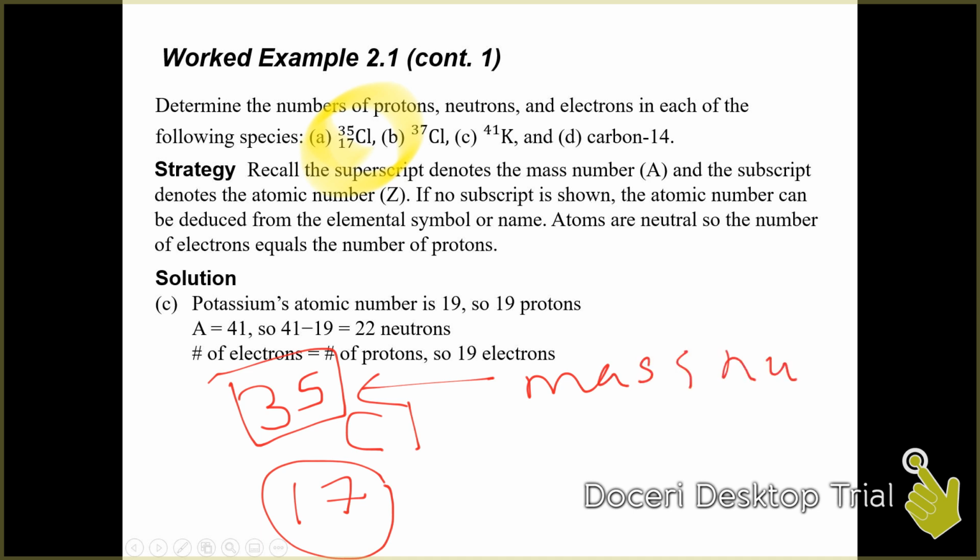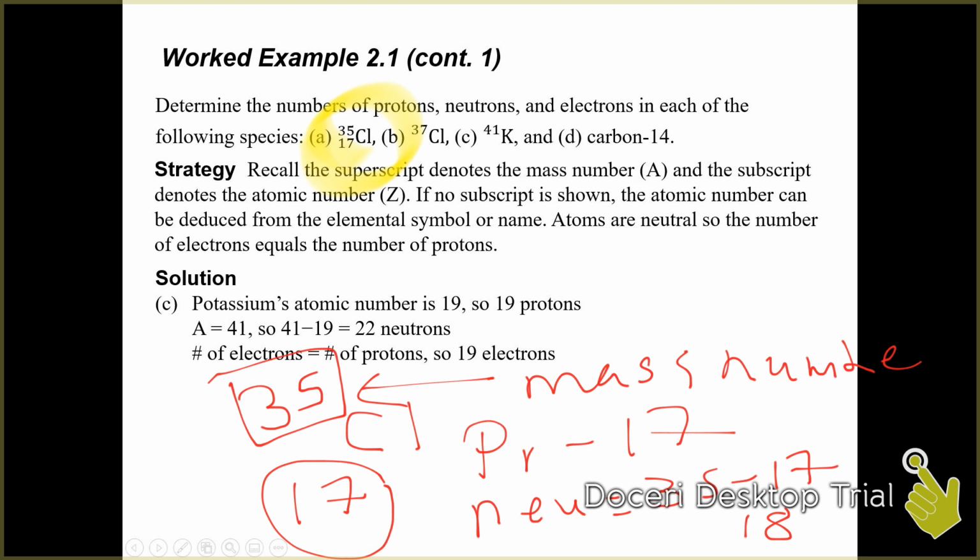The mass number is the addition of neutrons and protons. So you know protons are 17, and the neutrons are 35 minus 17, which is 18, right? It's 18. So the neutrons are 18, and then there are electrons.